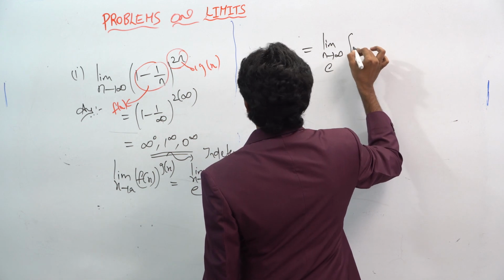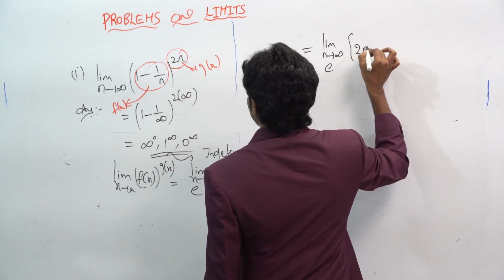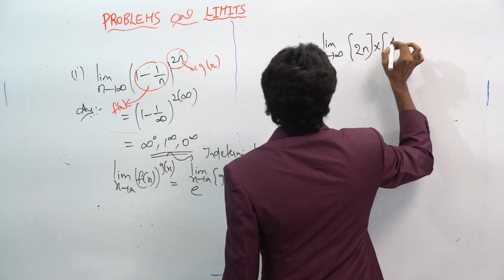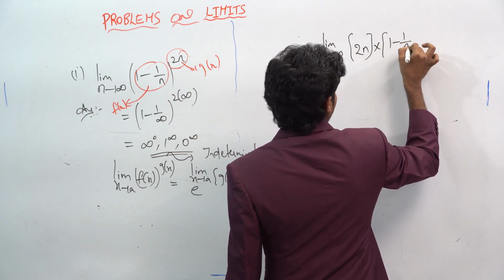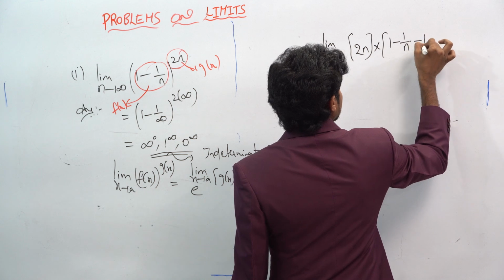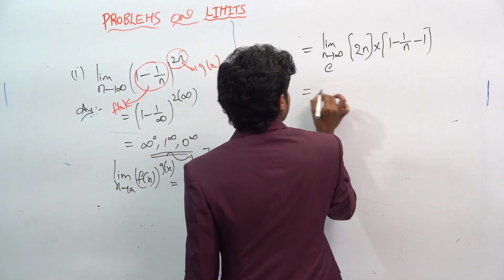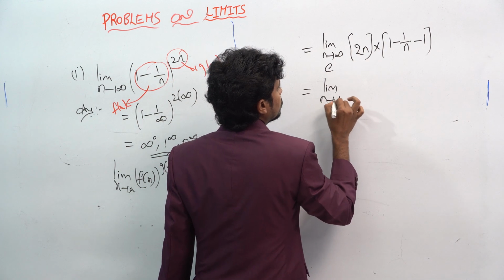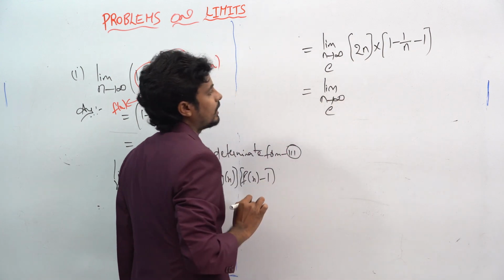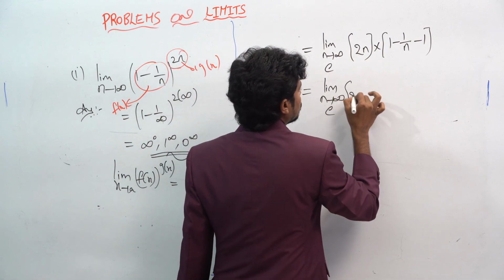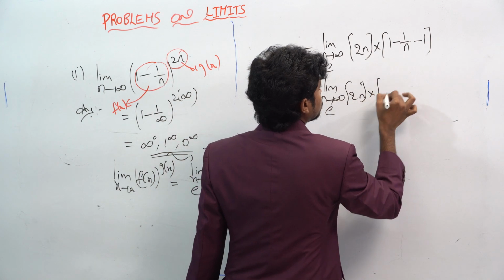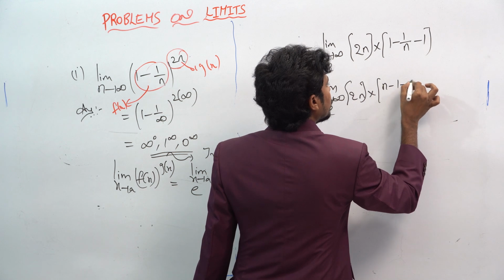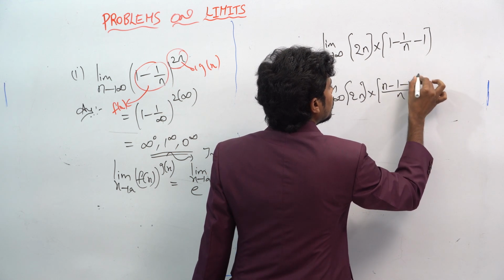So here this is 2n into (1 minus 1 divided by n minus 1), right? This will become the limit n tends to infinity, e power 2n into (n minus 1 minus n) divided by n.